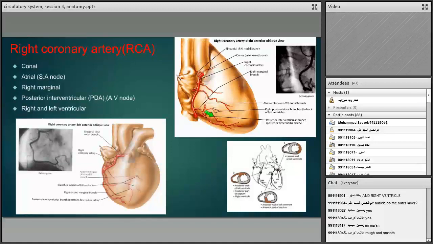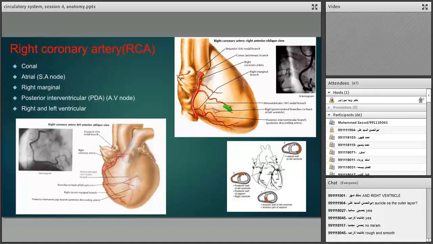I will repeat my sentence. The inferior 1/5 of the interventricular septum, I mean this part, is being supplied by the posterior interventricular branch of the right coronary artery.